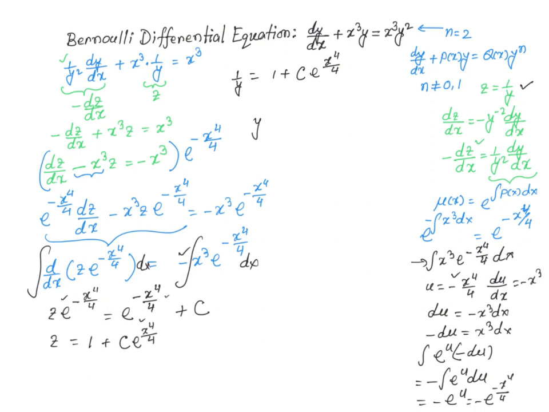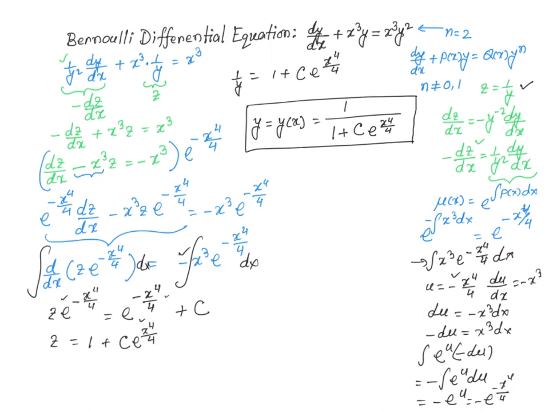Or if I solve for y, it's going to give me y of x is equal to 1 divided by 1 plus some arbitrary constant c times e to the power x to the power 4 divided by 4. And that should be your final answer. So that is the solution to this Bernoulli differential equation. I hope that this discussion was helpful. Thank you very much.